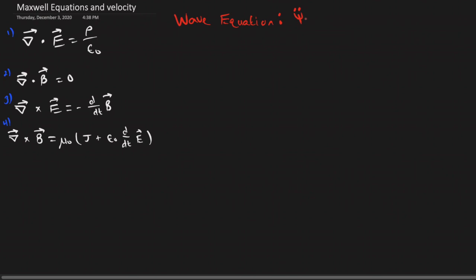So this would be d squared dt squared, which is just equivalent to this. I'm going to write it like this, and it's going to be v squared times the Laplacian of psi.